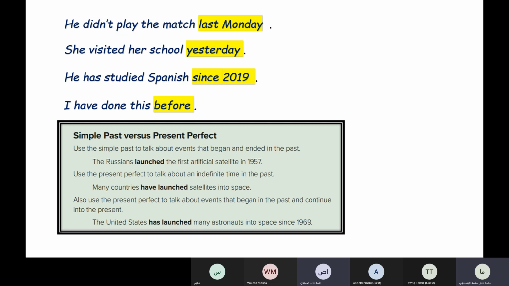The United States has launched many astronauts into space since 1969. Good, thank you. So this is about the present perfect and its use. Here we have two uses. The first one, when we do not specify time, we use the present perfect. If the action started in the past, is happening up to now, and may continue in the future, we use the present perfect.